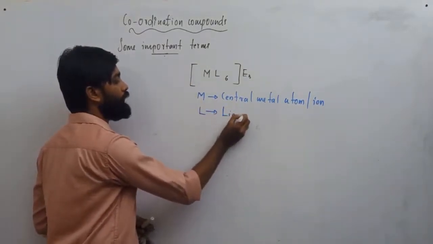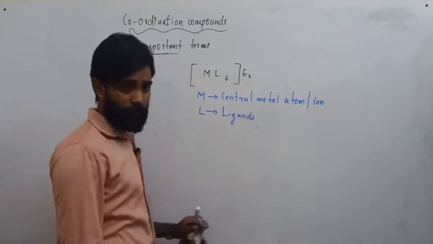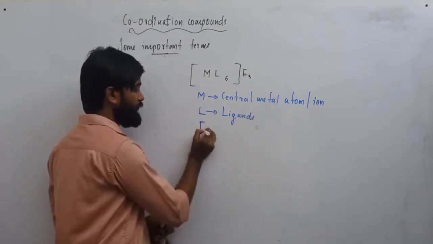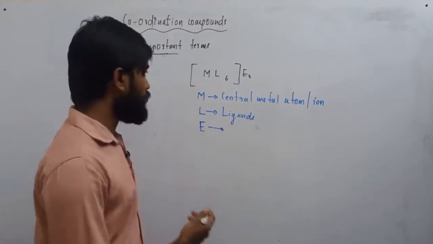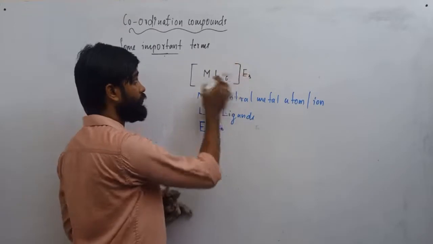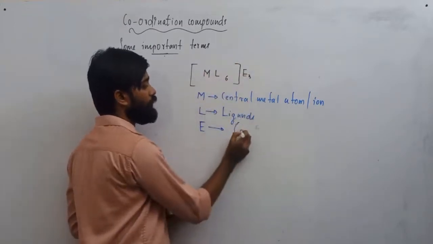I'll explain what they are. Generally, anything present outside of the coordination sphere, outside this bracket, is said to be a counterion.